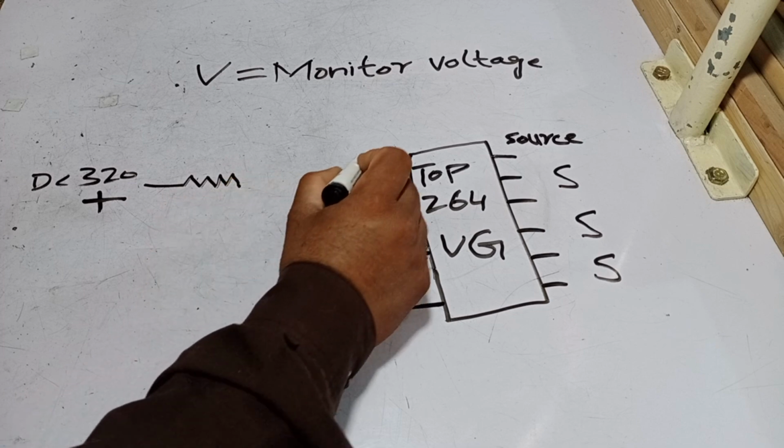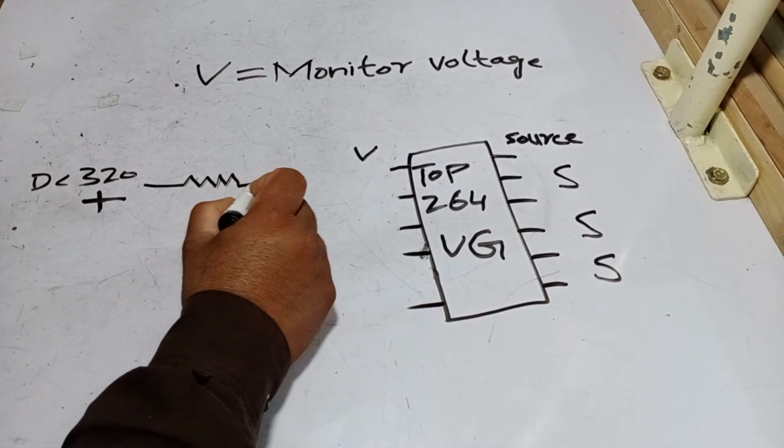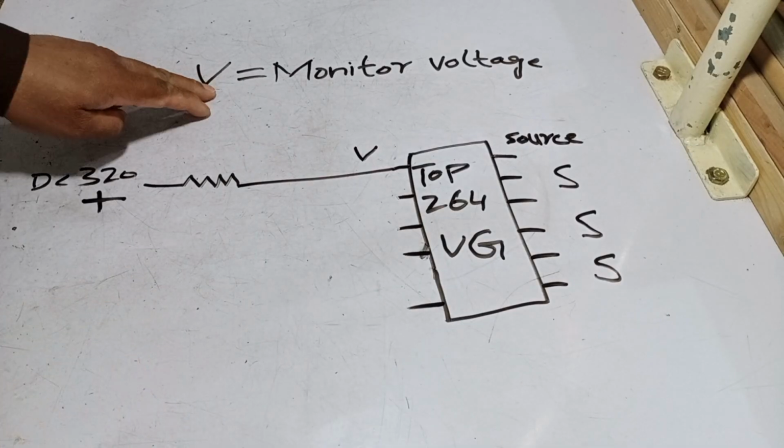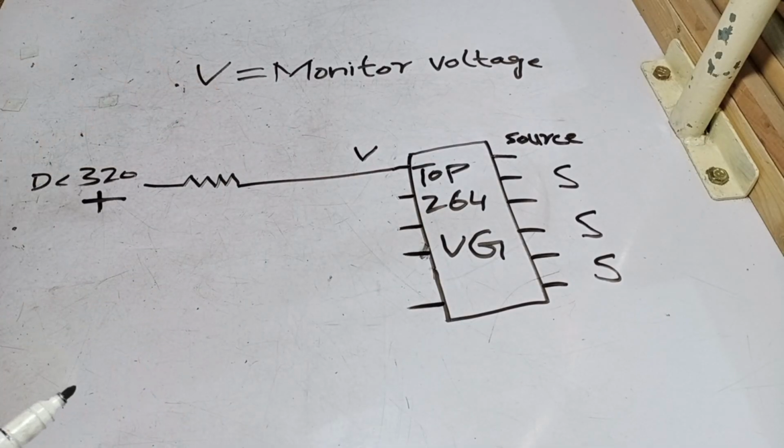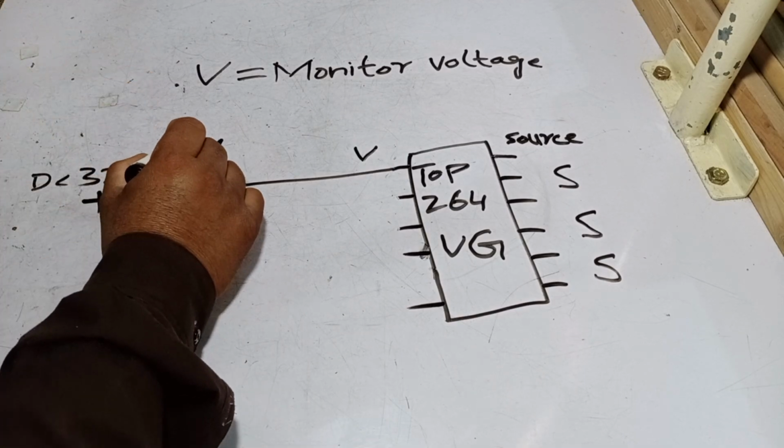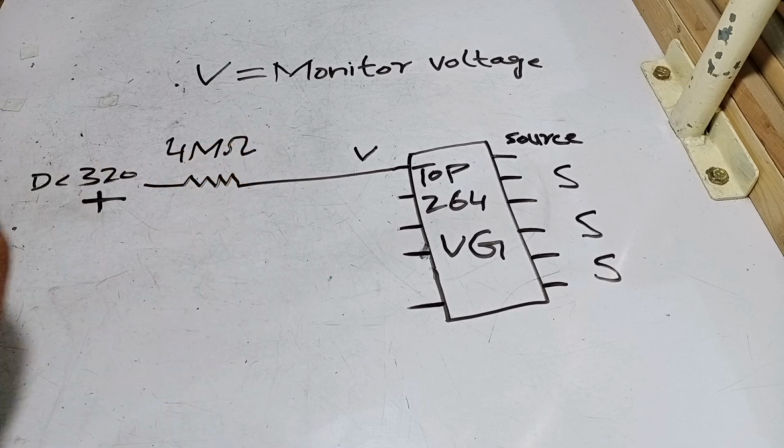This resistor must be connected directly to the V monitor voltage pin. Doing so will allow you to set the monitor voltages accurately. The company has also provided different formulas for different voltage levels to calculate the appropriate resistance values. However, since our system is running at 320 volts, we can use a 4 megaohm resistor to achieve the required monitor voltage settings. This method ensures that the voltages are configured correctly and the circuit operates as intended.